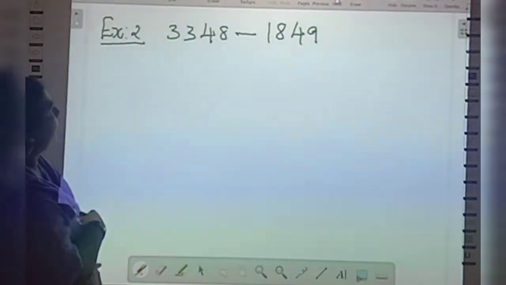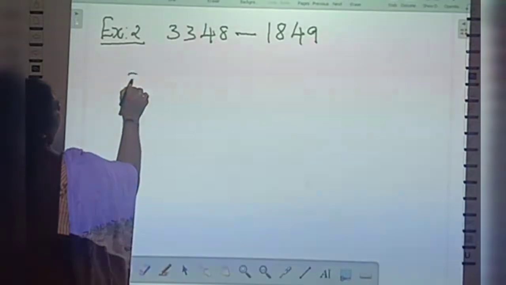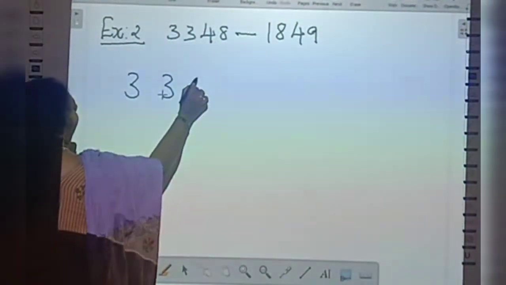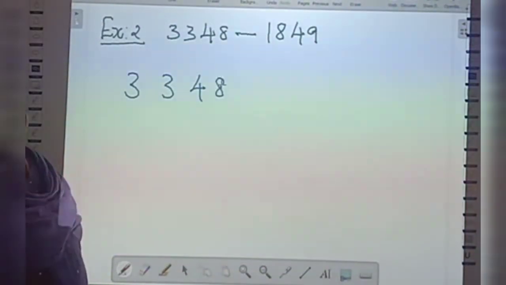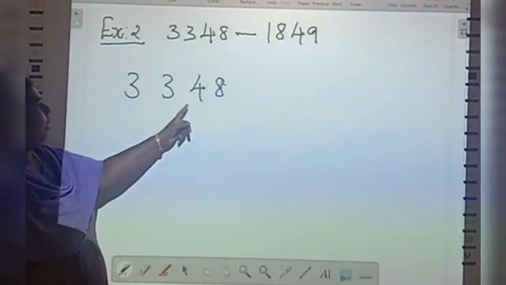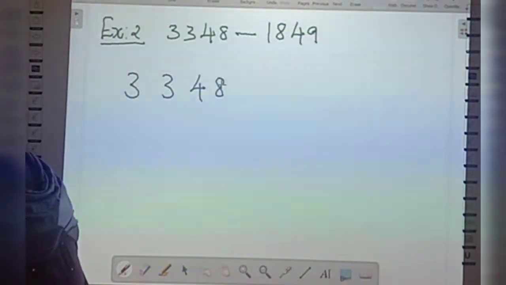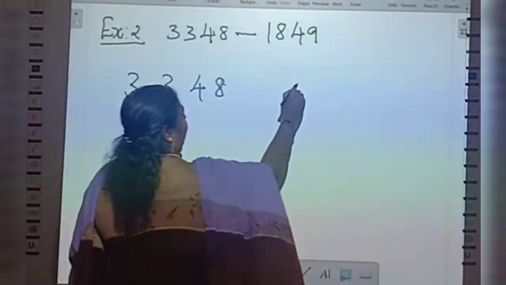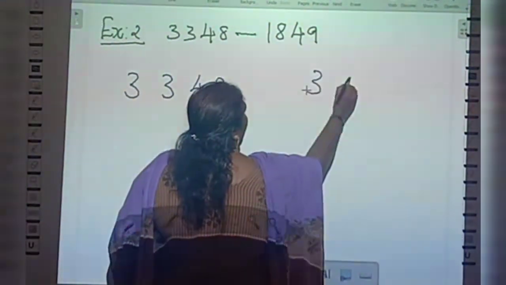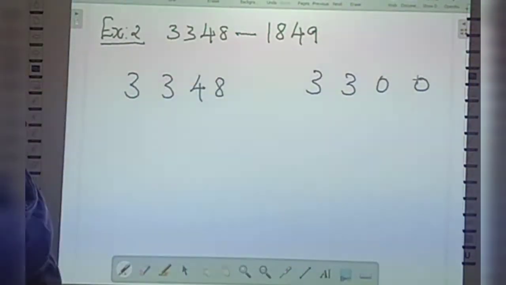See, this is the second example of nearest 100. Okay. Question: 3348. 3348 nearest 100 is how much? 348. Is 348 closer to 300 or 400? 300, isn't it? So 3300. That is the nearest 100.